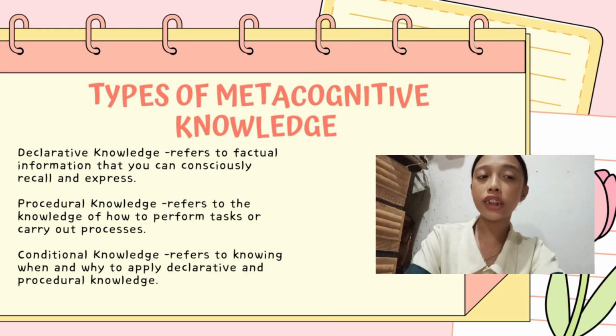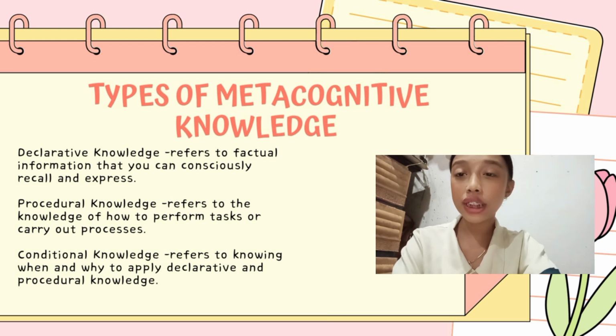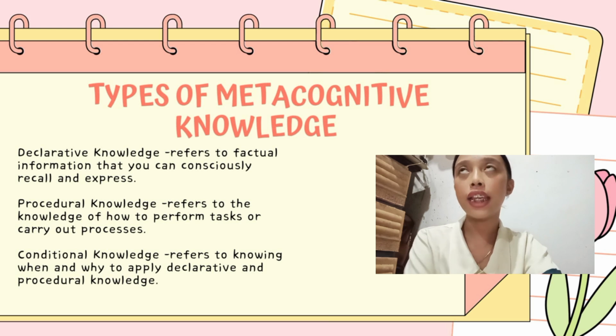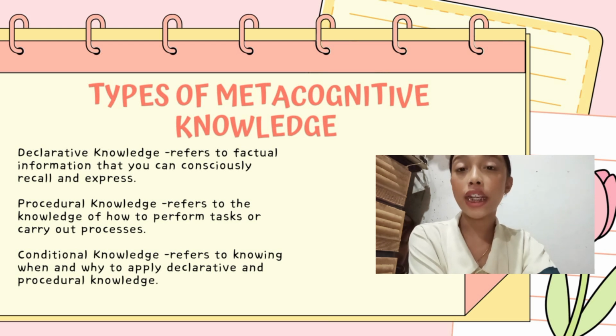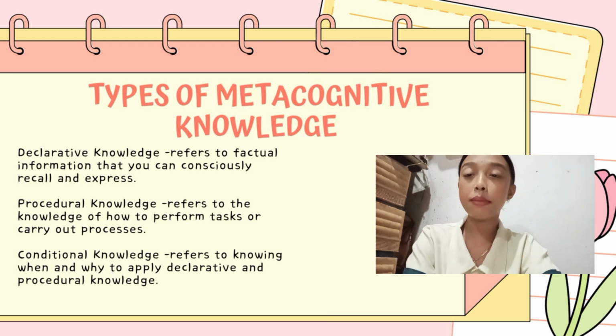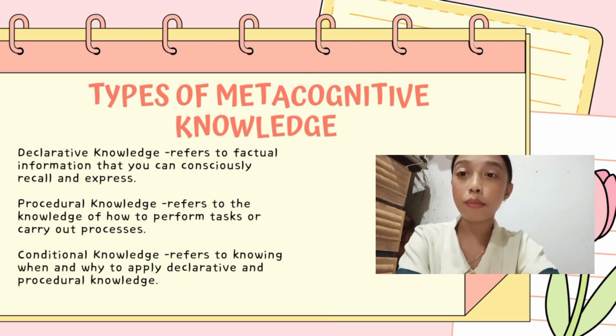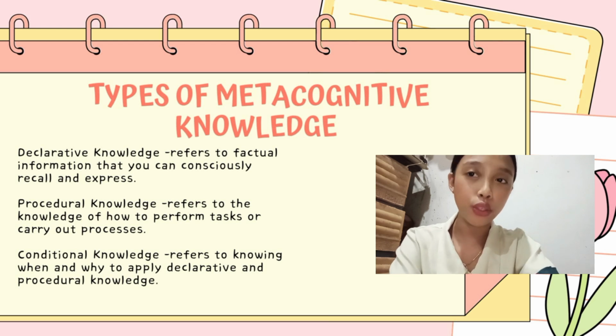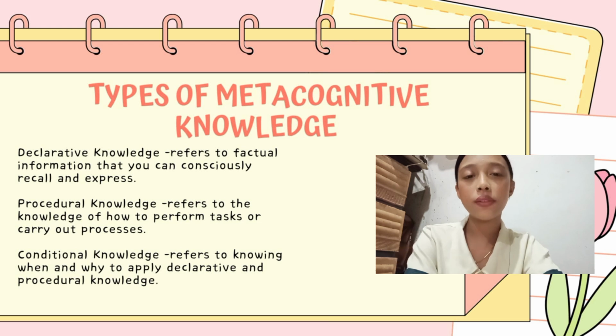It is the awareness of your strengths, weaknesses, learning styles, and preferences. Example is when you're preparing for an exam, you realize that you remember information better when you write it. It means kanang mag-notes ka, mas maka-remember ka sa imong mga tun-anan kung nakay notes, nakay basahon nga notes.